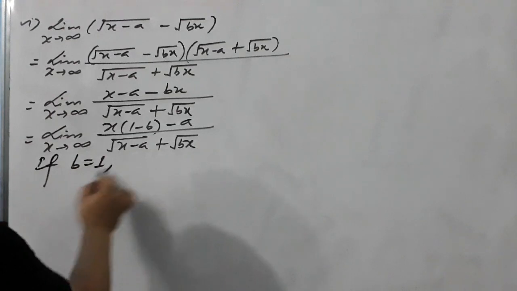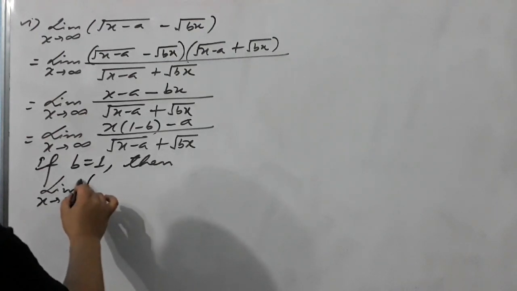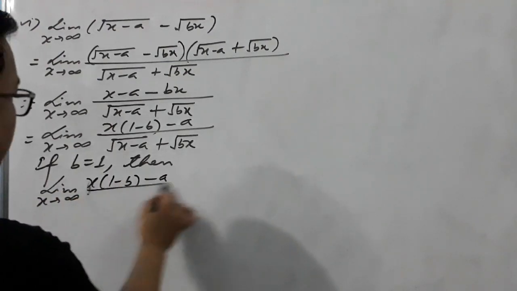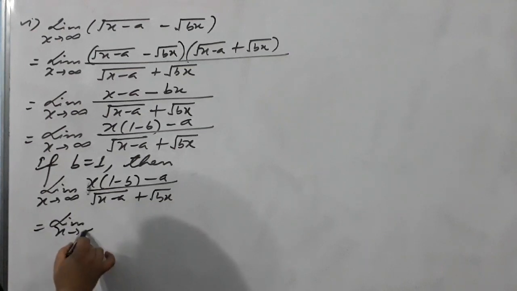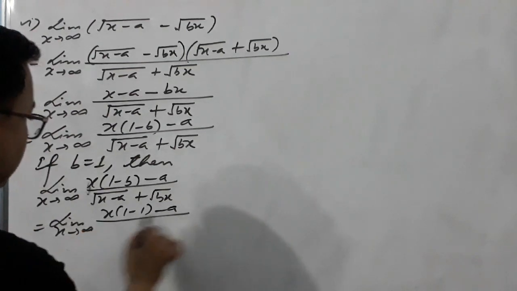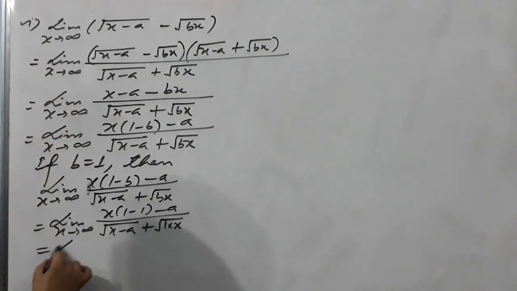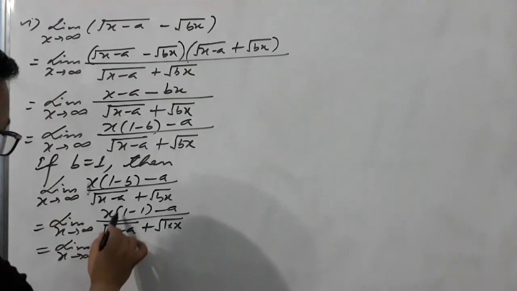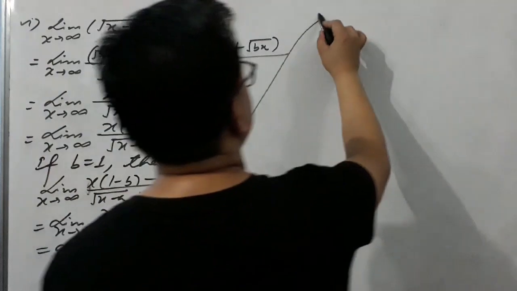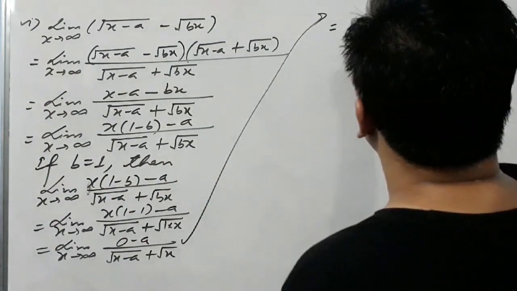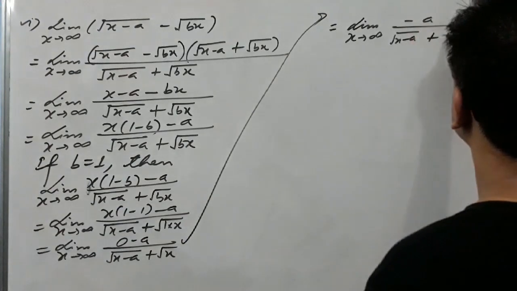So the first case I have taken is b equal to 1. Then the limit as x tends to infinity of x times (1 minus b) minus a over root x minus a plus root bx becomes the limit of x times (1 minus 1) minus a over root x minus a plus root x.